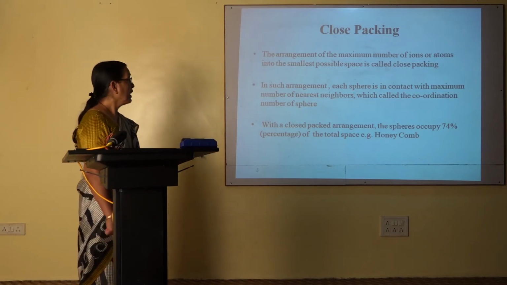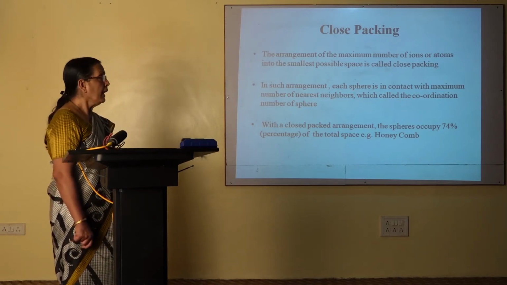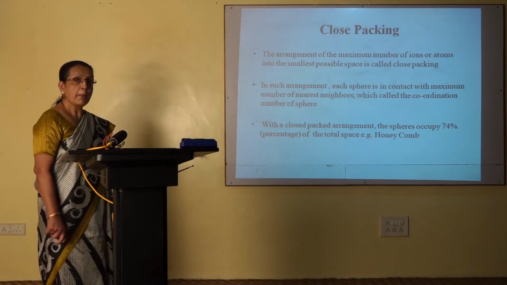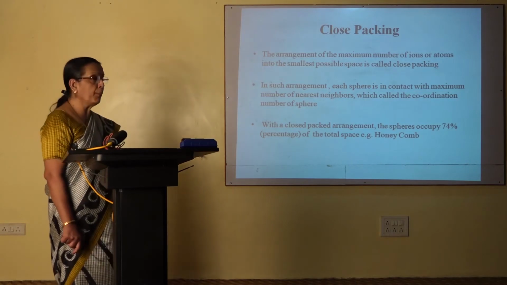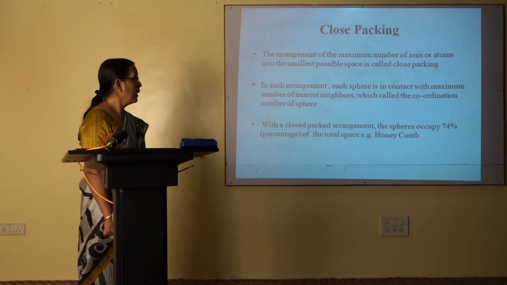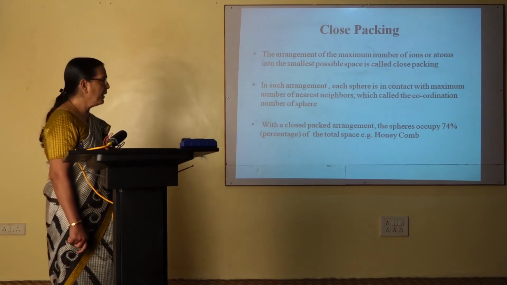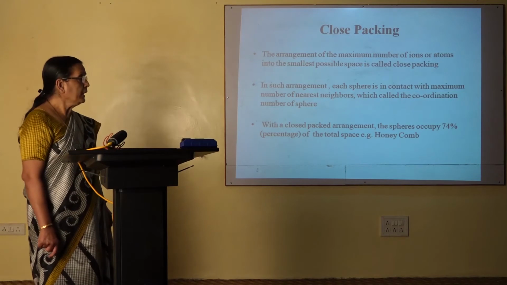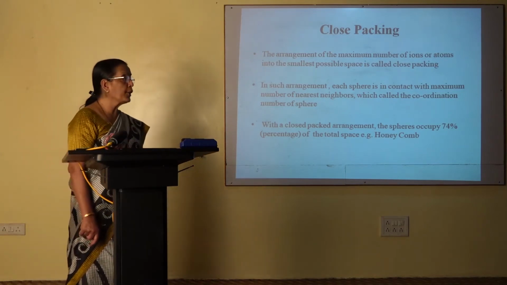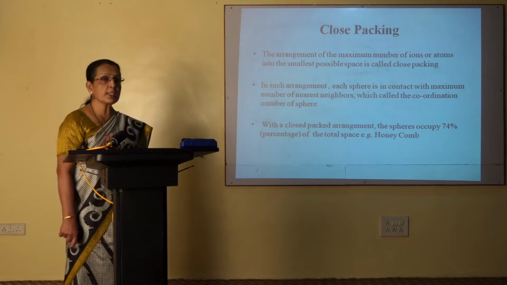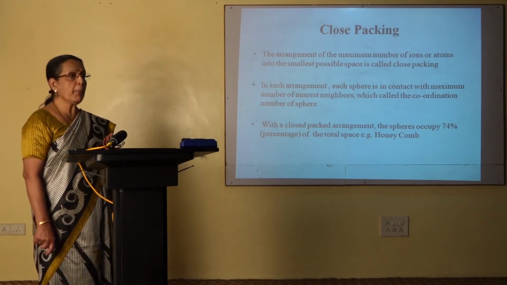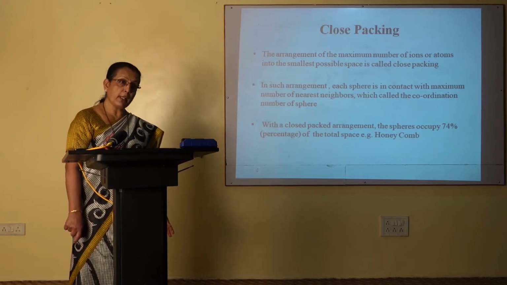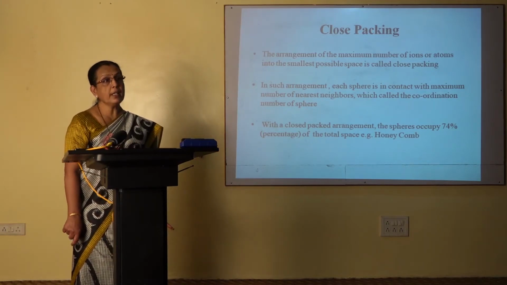Third, the radius of the sodium ion is 0.96 angstrom unit and that of the Cl minus ion is 1.81 angstrom unit. To calculate the radius ratio of sodium chloride, using the formula, the radius ratio is equal to the radius of the sodium ion divided by the radius of the chloride ion, that is 0.96 divided by 1.81.